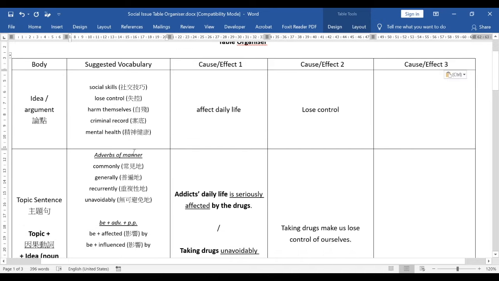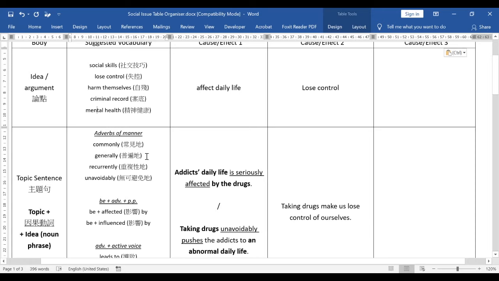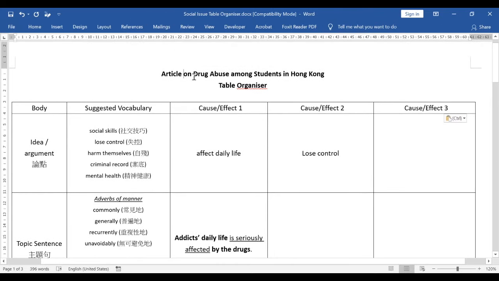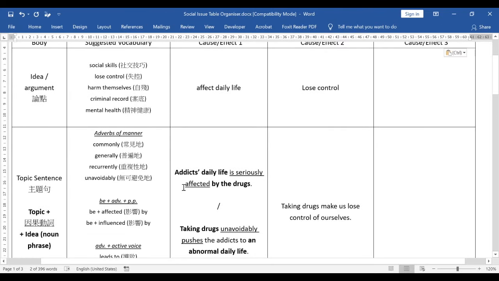And then we start with our topic sentence. Put this idea as part of the topic sentence. And for the topic sentence, I told you before, all you need is the topic plus this idea. So this is the idea, and your topic is drug abuse. So two things.